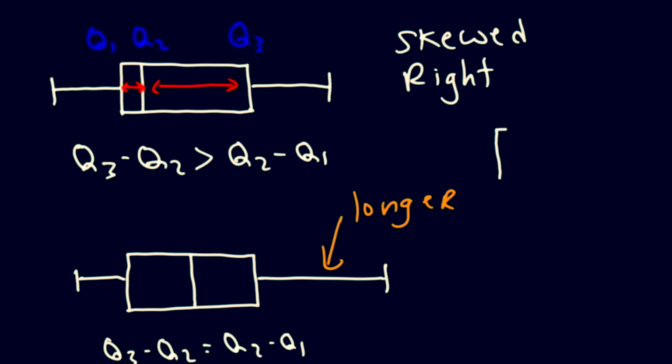So in this case, it is a skew to the right distribution. And the third possibility is that it happens together, whereby Q3 minus Q2 is longer than Q2 minus Q1 and the whisker is longer. So that's skew to the right. There are three scenarios. So how about skew to the left?